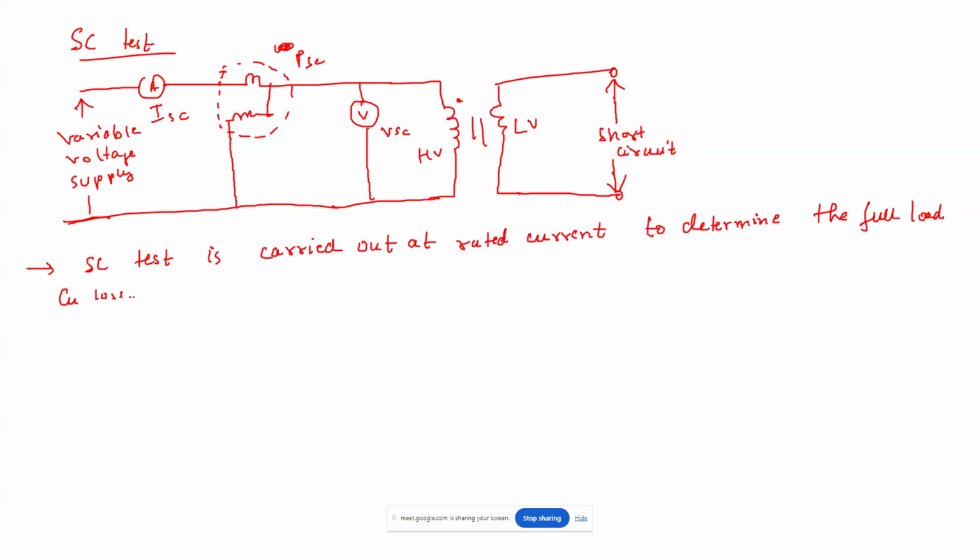So basically from the short circuit test, we get the copper loss. The main objective of the short circuit test is to determine the full load copper loss.